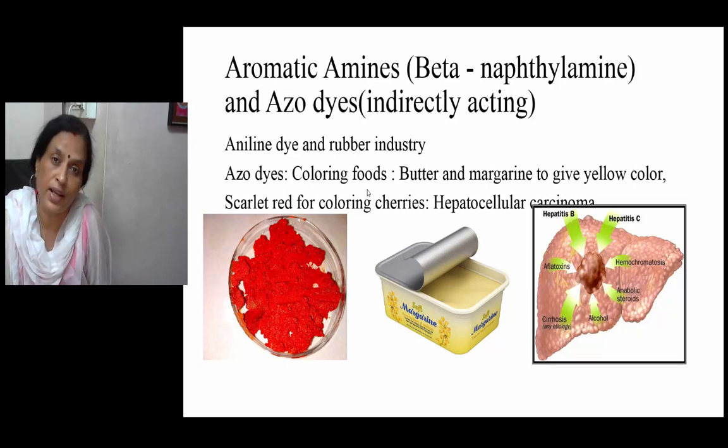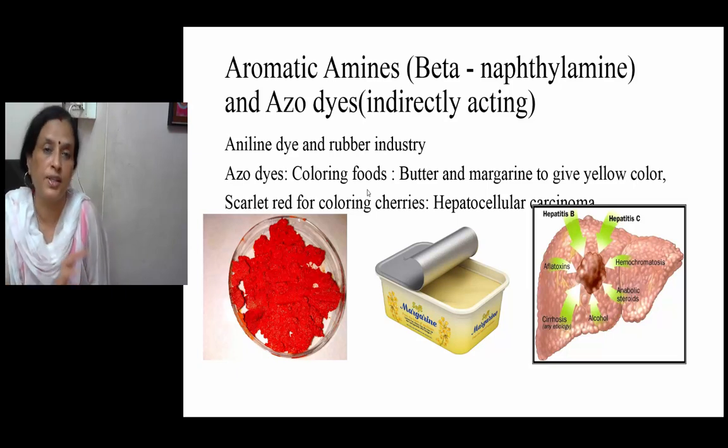Food may look very attractive and colorful with these artificial colors or dyes which are added. Please avoid eating such foodstuffs. So butter yellow is one, which is added to butter and margarine to give a yellow color to it. Butter looks very attractive, so we tend to buy it.